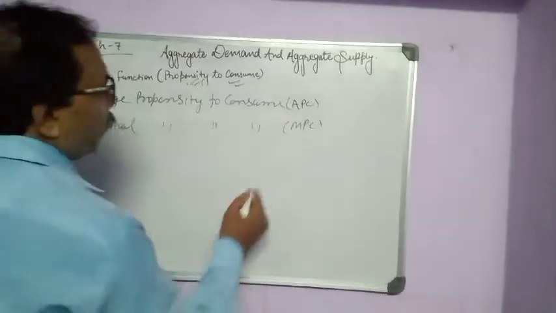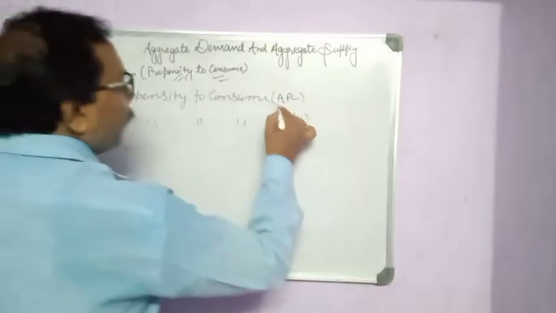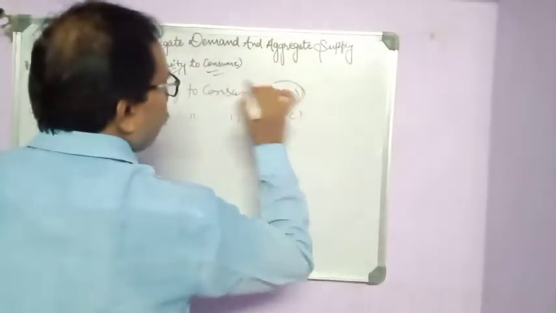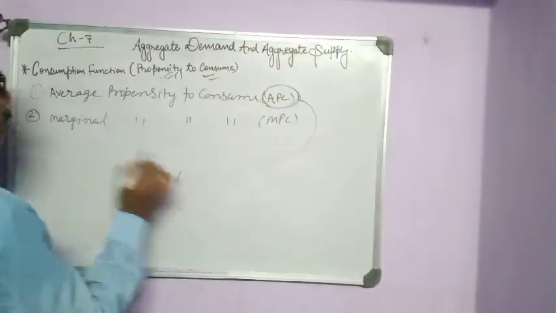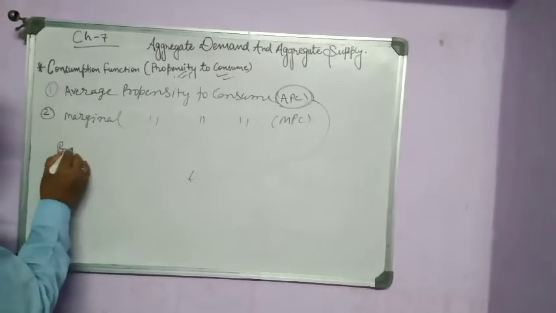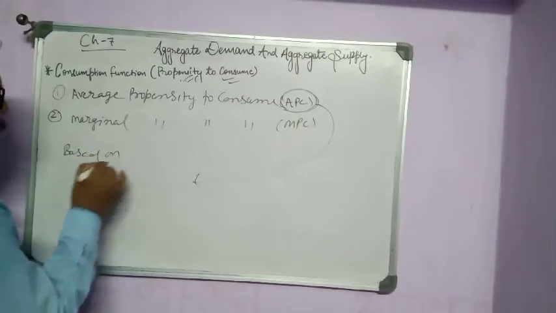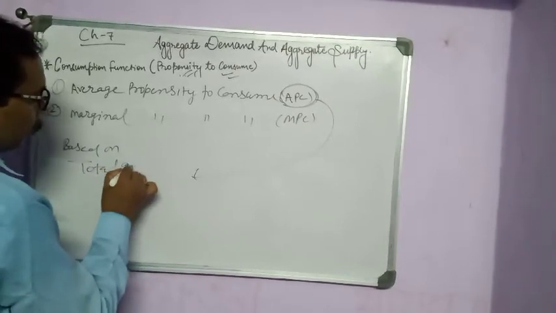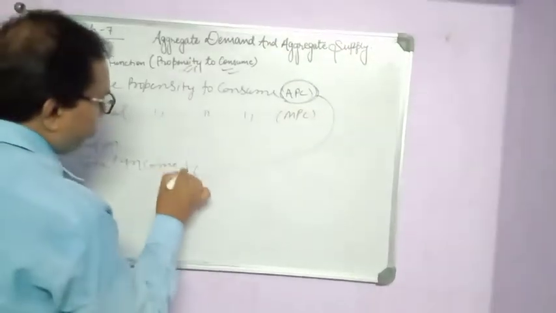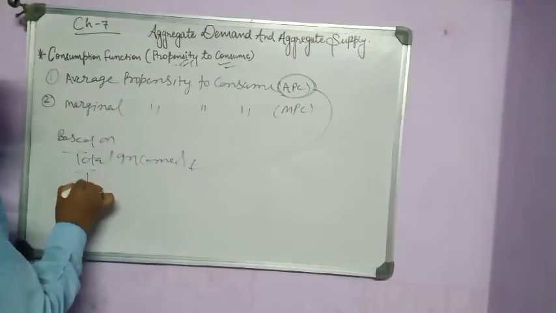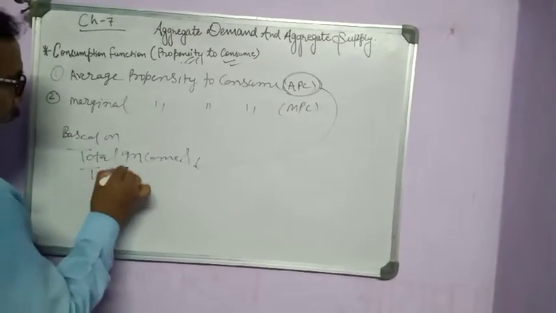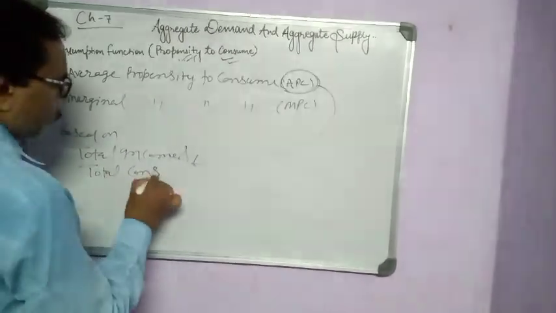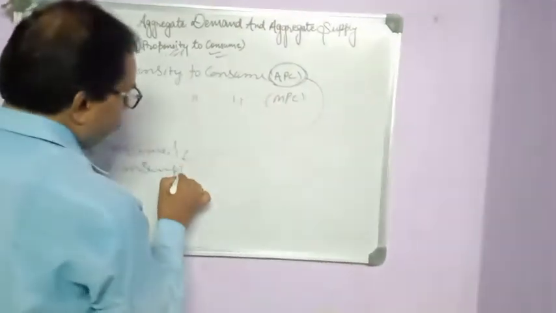So as we know, first, APC is based on total income and total consumption. Okay?